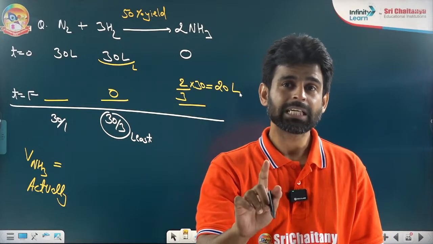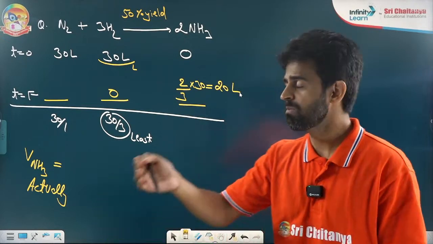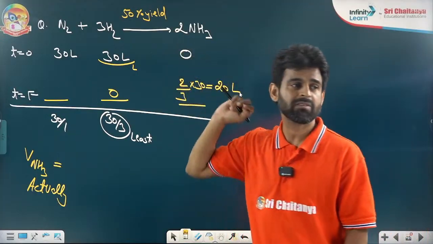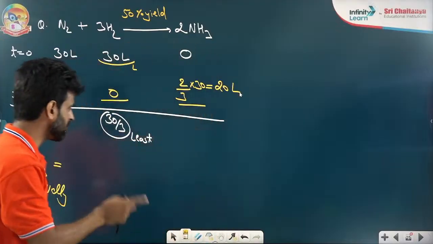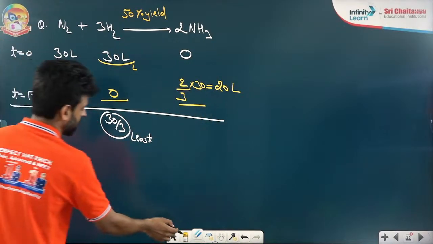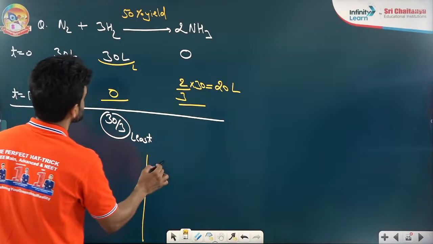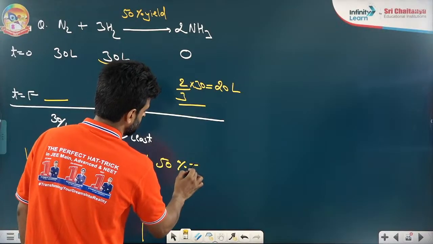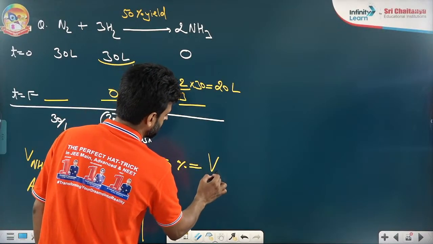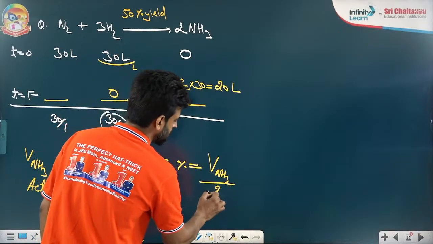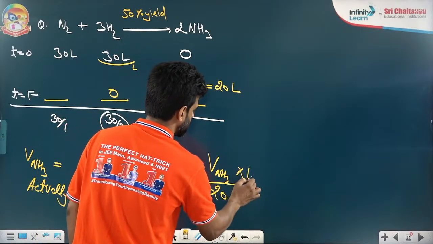But our expectation will not be fulfilled, because it is only how much yield? 50%. What will we do? We apply a simple formula. 50% yield. Volume of ammonia I want to find actually. Expected is 20 liter into 50 by 100.